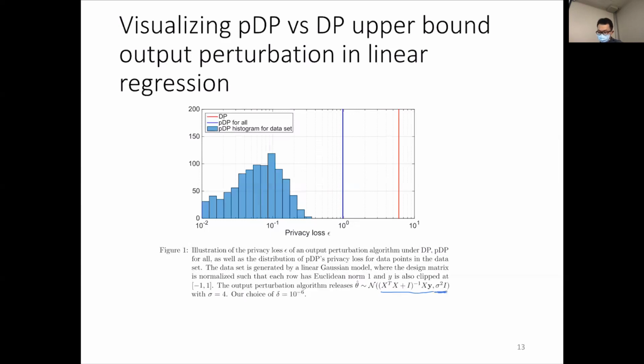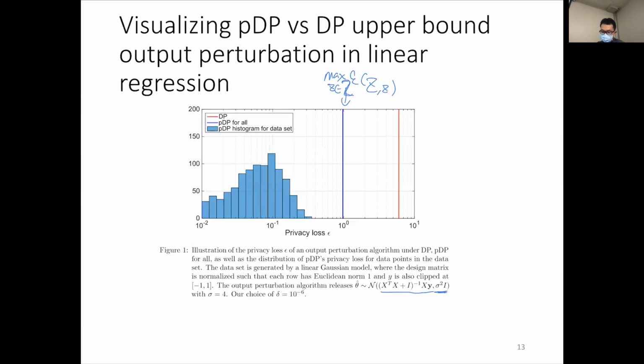And the reason is really that this X transpose X is very well conditioned, and because of that, you can take advantage of the data-dependent quantity if you do everything right. And the blue line in the middle is what I call the PDP for all. So this is the epsilon for data set Z and the little individual z, and I max over this little individual z for all of the data point universe.